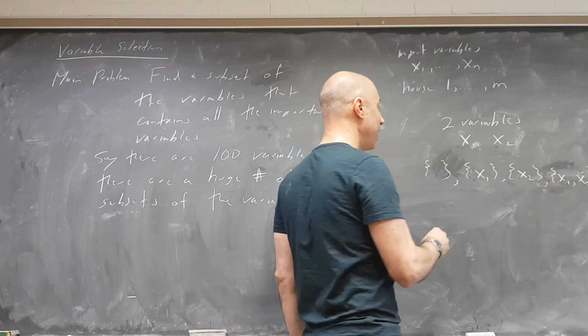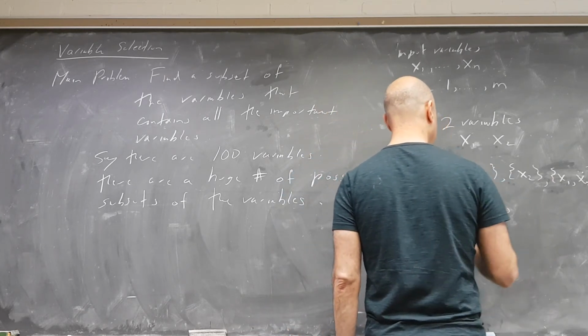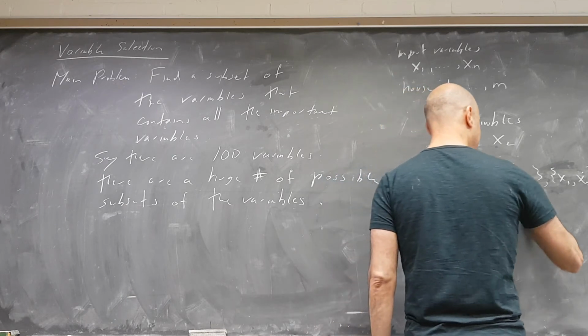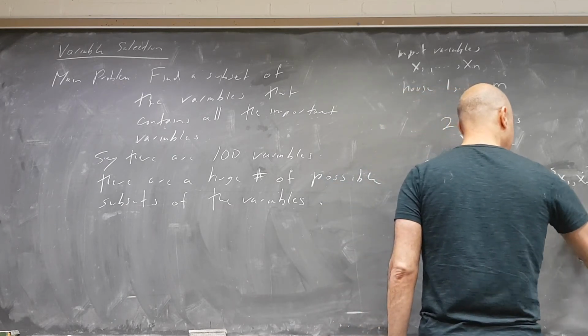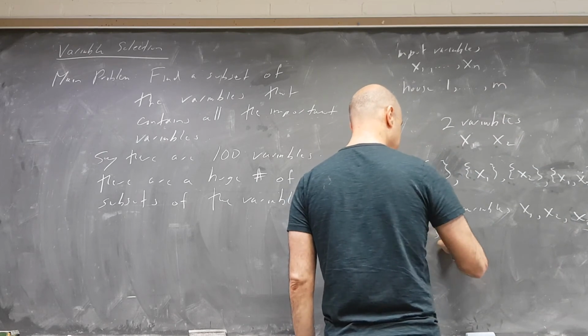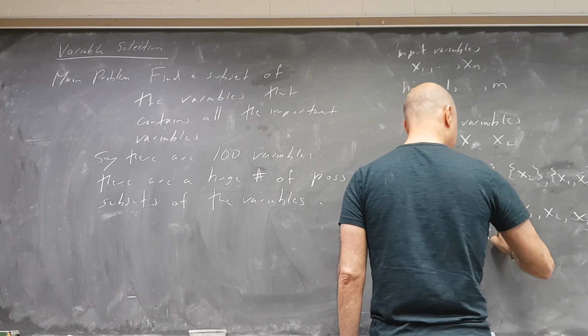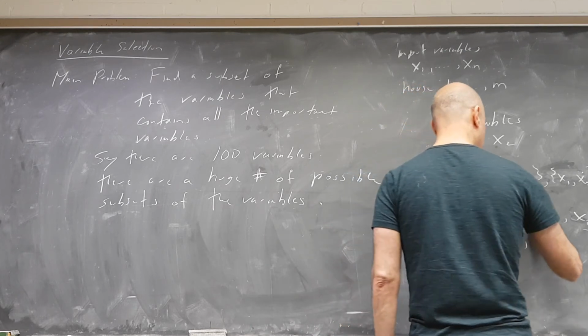If you have three variables, so let's call them x1, x2, x3, you could have none. You could have just the first one, just the second one, just the third one.